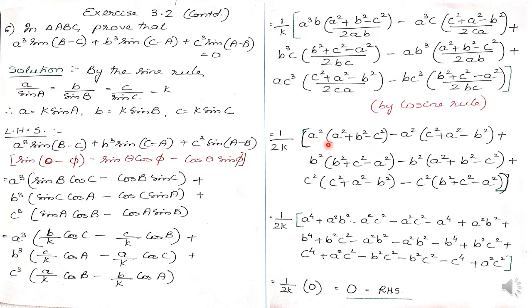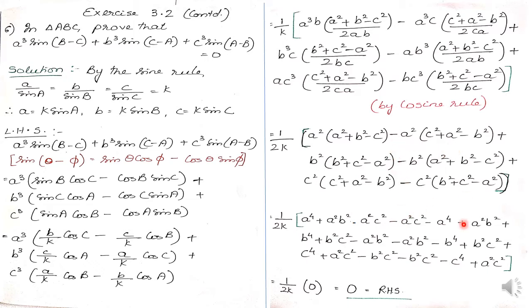Then in the next step, multiplication is done, opening the brackets, and simplification is done. That is, a square is multiplied with a square in the first term, we are getting a raised to 4, a square into b square, a square b square, a square into minus c square, minus a square c square. And similarly, the other terms are also modified keeping in mind the sign of all these terms.